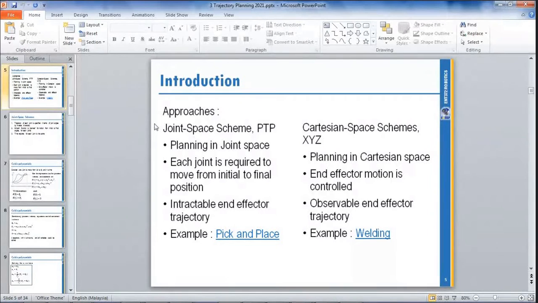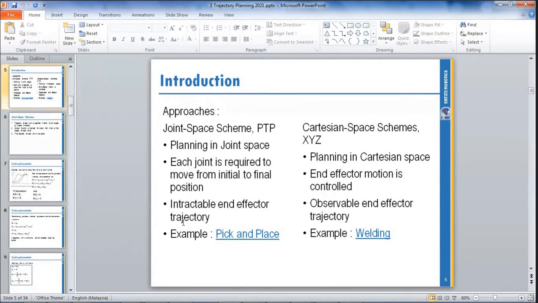When we do manipulation with a robotic arm, we have two different approaches. One we call joint space scheme, and the other one is Cartesian space scheme. Joint space scheme, or point to point, is planning in joint space where each joint is required to move from initial to final position. Later I will explain what is initial and what is final position.